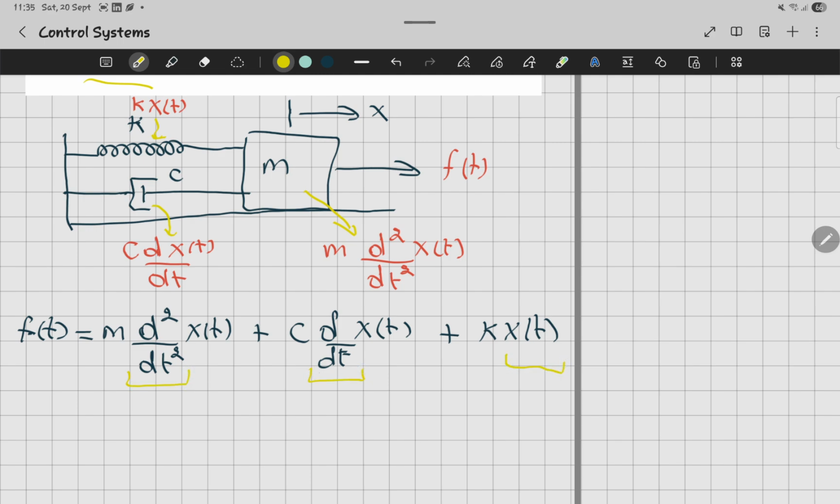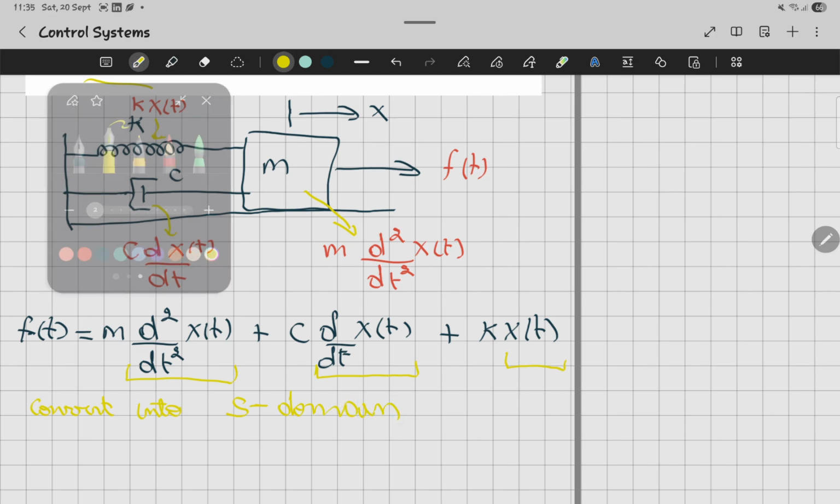You're going to convert the blocks that you see here into S domain. So that is what you're going to do here: convert into S domain using Laplace. You're going to use Laplace here to solve this question.